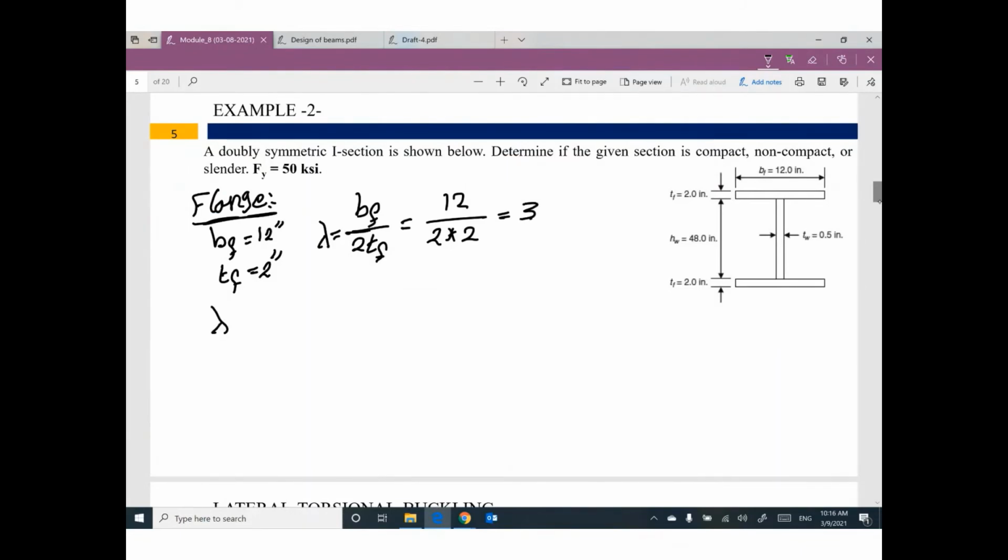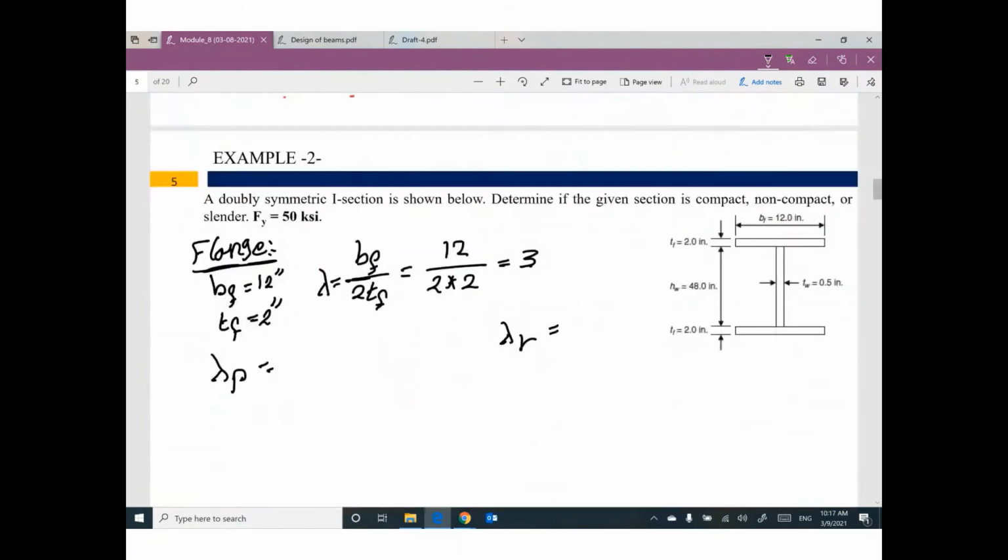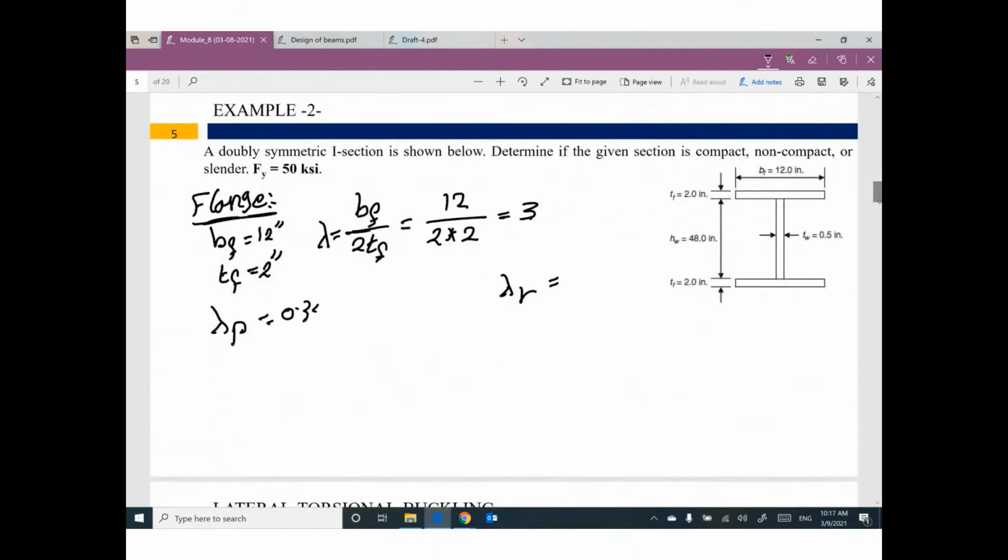So what is the value of lambda P? What is the value of lambda R? Lambda P equals 0.38 square root of E divided by F yield, where E is 29,000 KSI.